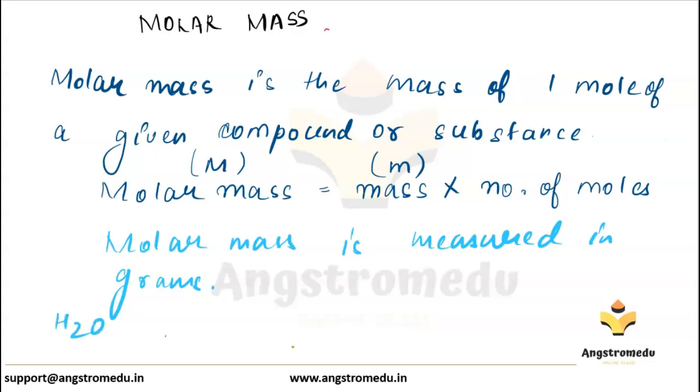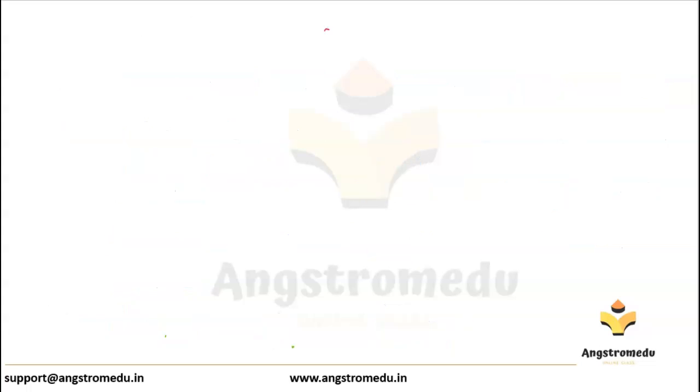Let us understand this with the help of an example. Let us say this is water. The molecular mass of water is 18 AMU or 18 u, and the molar mass of water is 18 gram. Let us see how we can say that this is the molar mass of water. The molecular mass of water is 18 AMU.